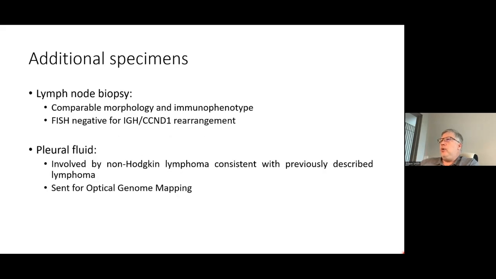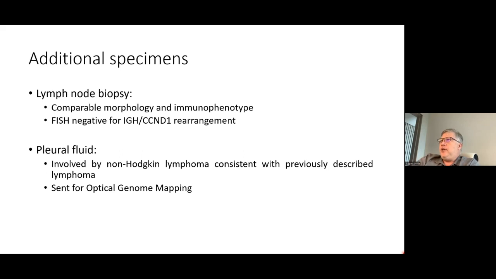So we actually were lucky in this case. We'd had a couple of other samples come in as a result. The lymph node biopsy, which had comparable morphology and immunophenotype, was also negative for IGH-CCND1 rearrangement.